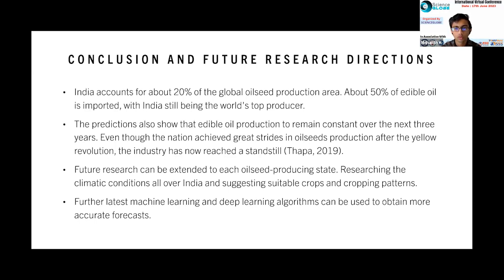So we have to improve it, and future research can be extended to each oilseed producing state. One can analyze every state where oilseed is produced in India and provide a detailed analysis of the production in every state, and the climatic conditions can be researched to suggest suitable crops and cropping patterns for each climatic condition.